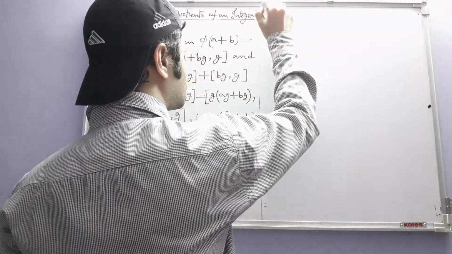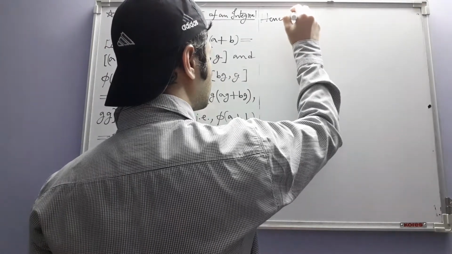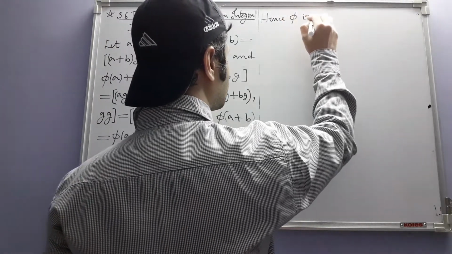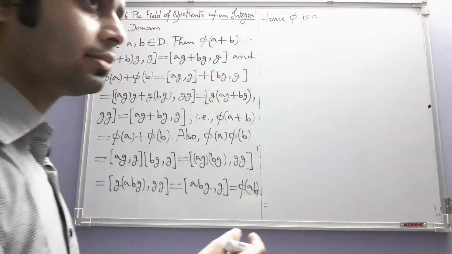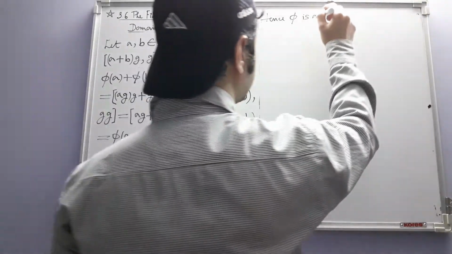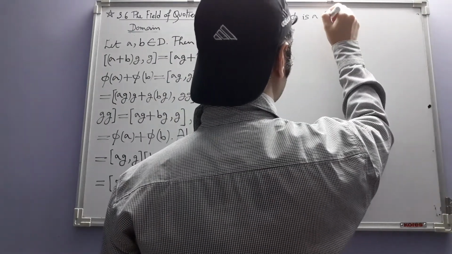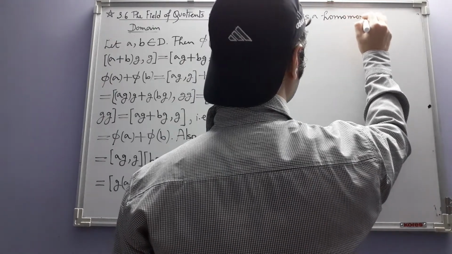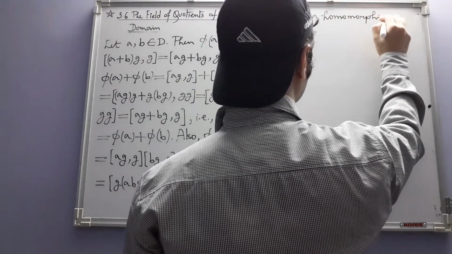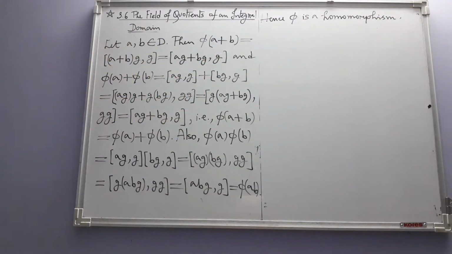Hence phi is, since we are dealing with rings, we can just say homomorphism. Now we want to show that this homomorphism is injective.